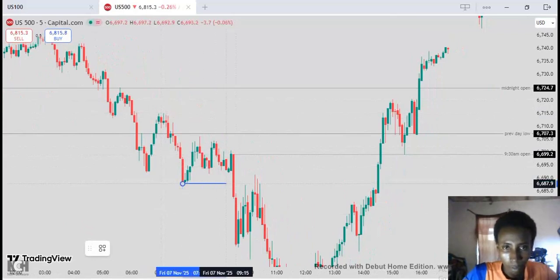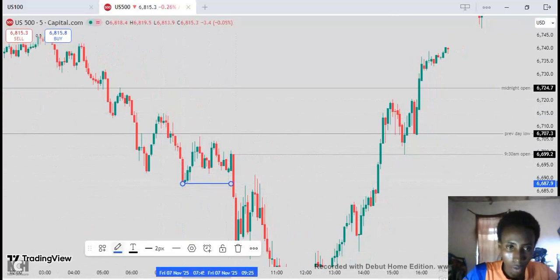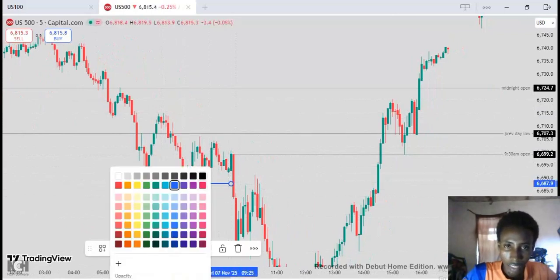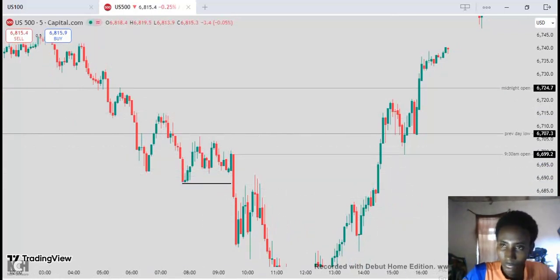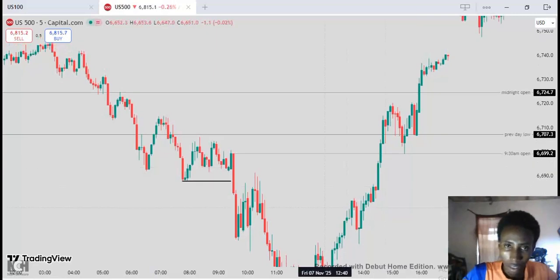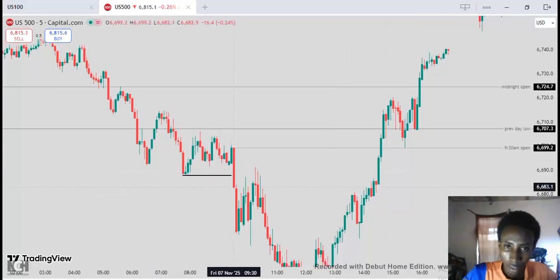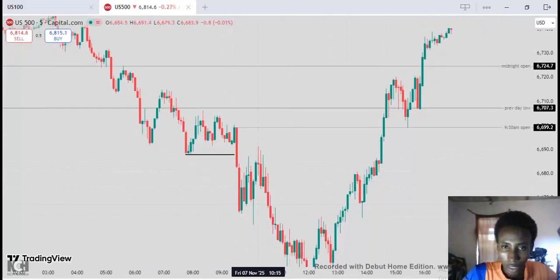And I'll just put it like this because I don't want to give it any name that would cause any expectations. You can see price took that and closed below it very hard, went down, and this very point is where I was expecting price to go up from and take liquidity here.